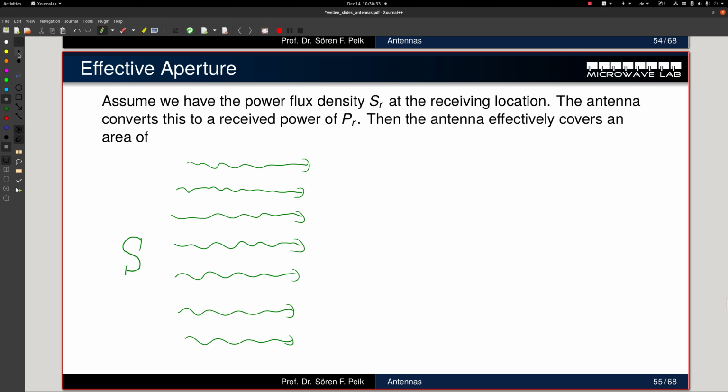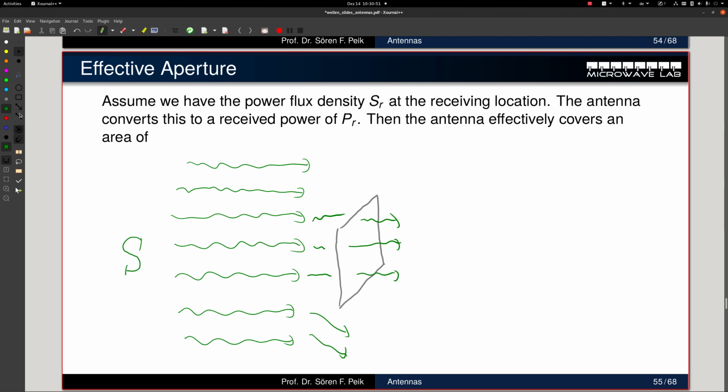Let's do it like this. I set up here a frame, and some of my power actually goes through that frame and some does not.